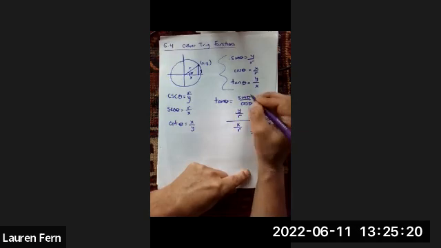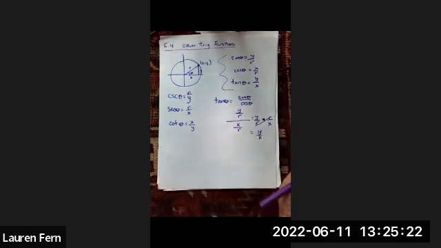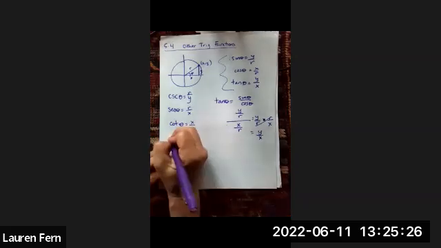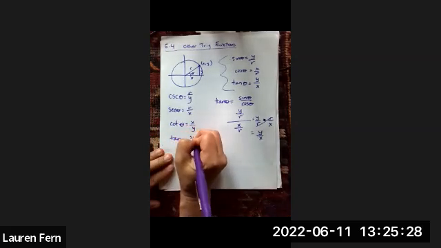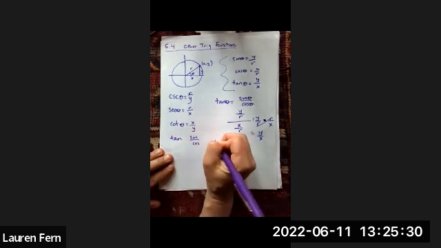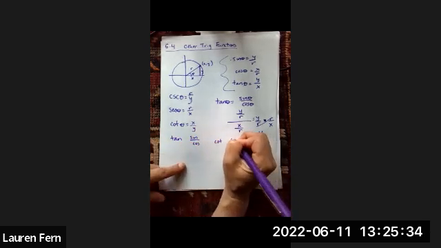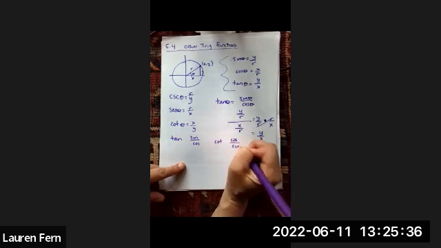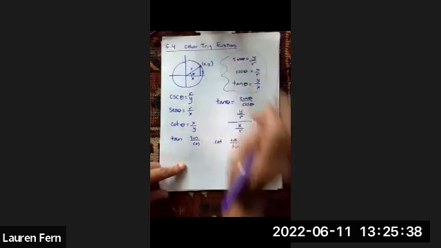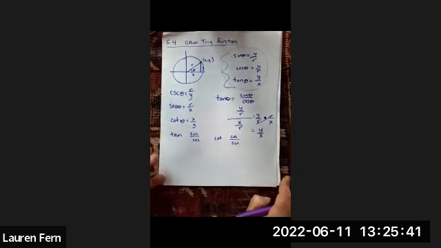Notice you get y over x, which is the tangent. So you can also say that the tan is sine over cosine, and in a similar manner, since the cotangent is the reciprocal, that's the cosine over the sine. But these are the 3 main ones that we're really going to hone in on.